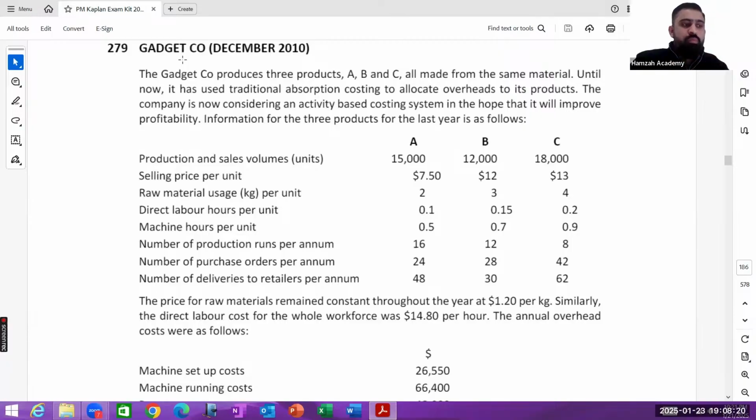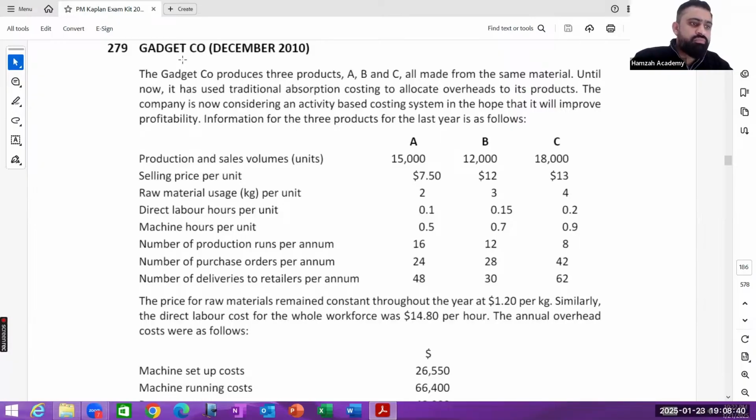So the name of the question is Gadget. It is from December 2010. The G company produces three products, A, B, and C, all made from the same material.